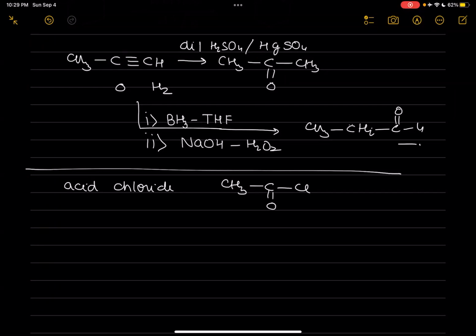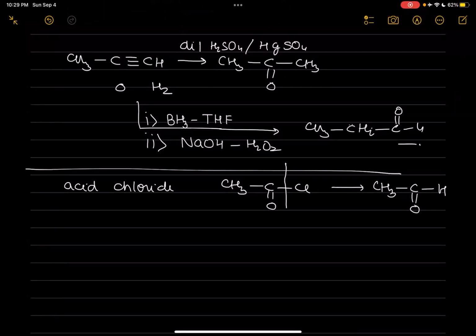But if you want aldehyde only, listen very carefully. You don't want to reduce completely, you need to do only the reduction of Cl. So that is partial reduction.